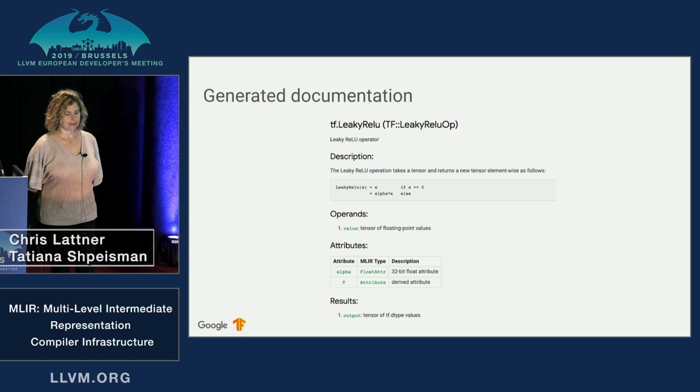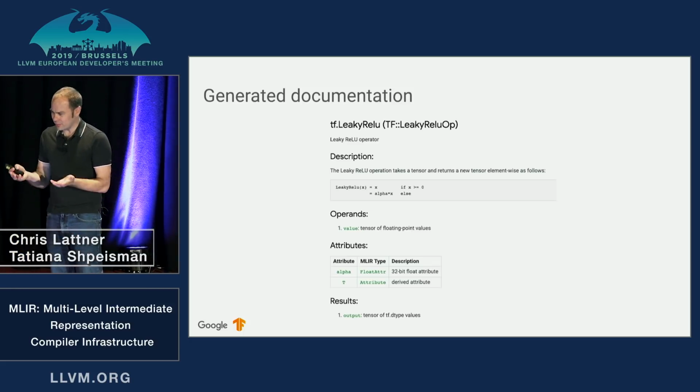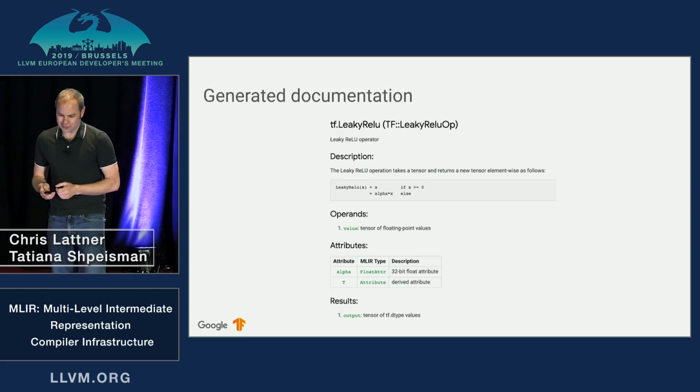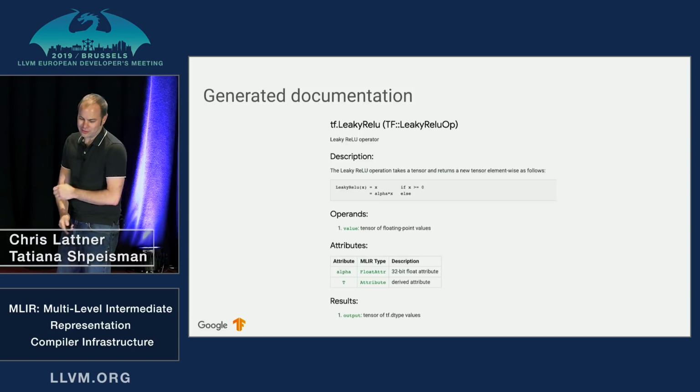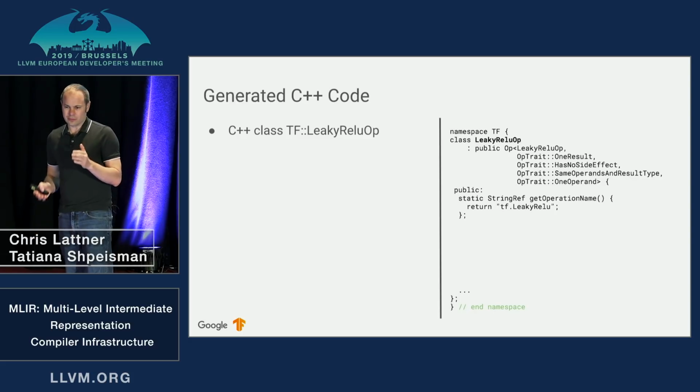Yeah, and so the nice thing about this is there's a single point of truth. And so documentation, of course, you generate from the definition of the instruction. And this is also a good thing because now it forces you to have those conversations about what the semantics of this thing actually are. One of the other things we generate is the C++ class that you interact with as a programmer.